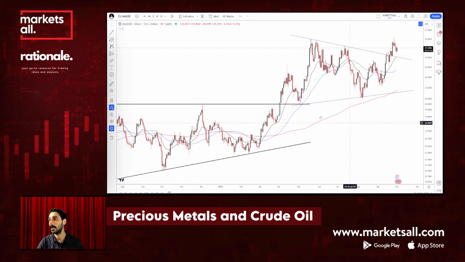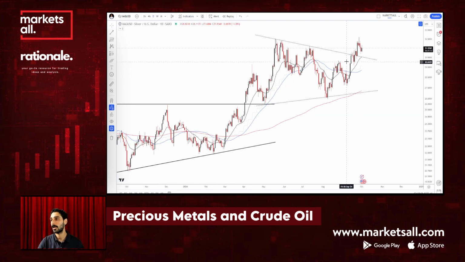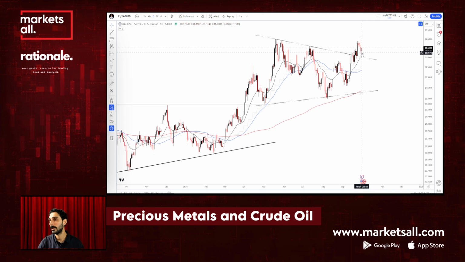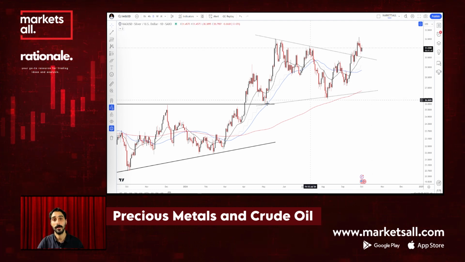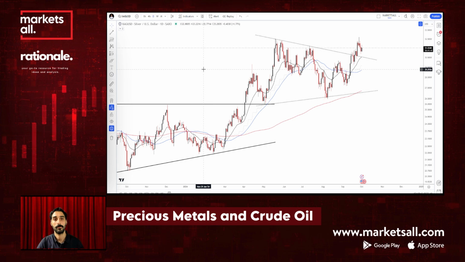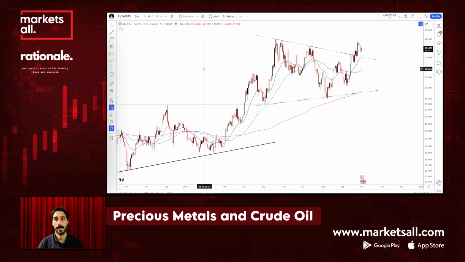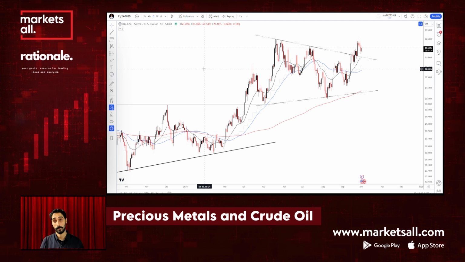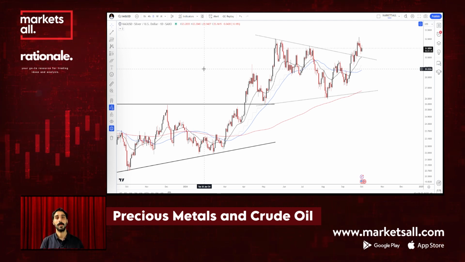When you come to daily, there's a symmetrical triangle chart pattern. It's broken out, pulling back, and I expect it to continue its movement.